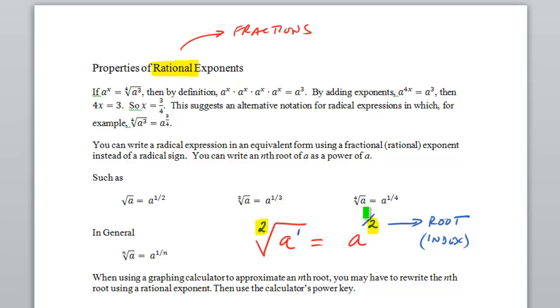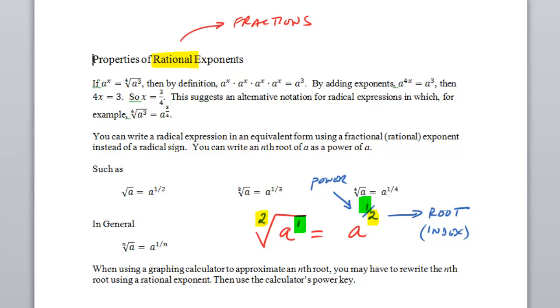And then the other part, the numerator, is the power or the exponent of the given value underneath the radical. And so you'll need to kind of make this connection on how to rewrite radicals to exponents.